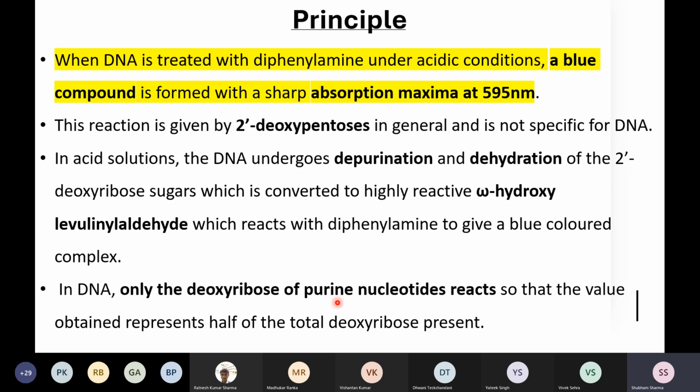And as we know, half of the deoxyribose are with purines and the other half are with pyrimidines in the DNA. So what we are going to get from this experiment is half of the DNA concentration, right? So why are we not doubling the DNA concentration that we get from this experiment? Why are we only taking the concentration that we get from the graph?